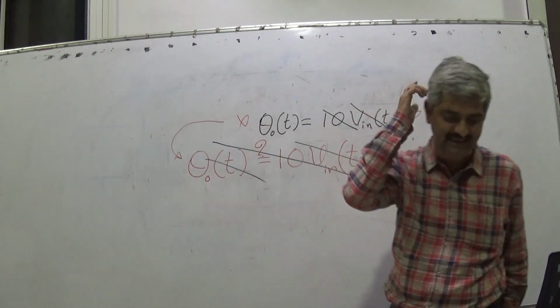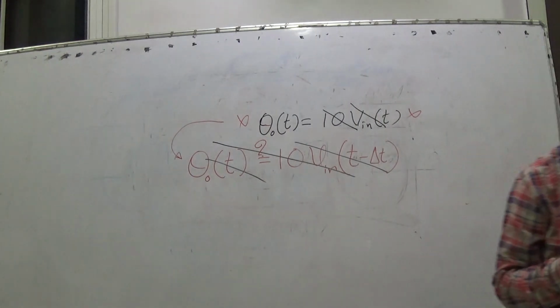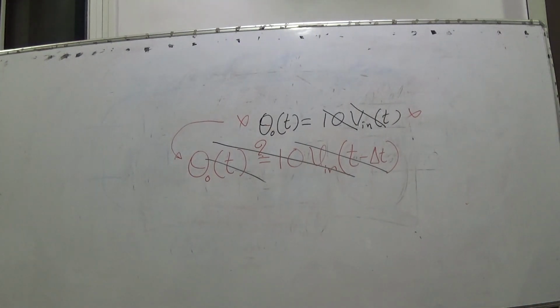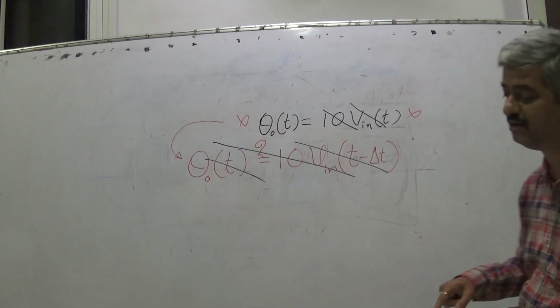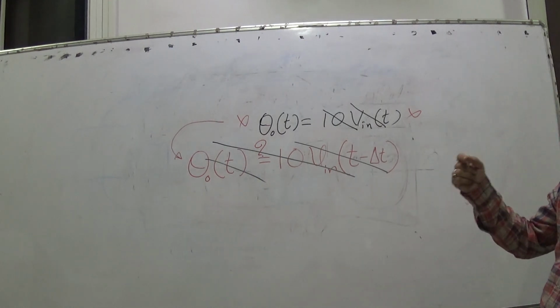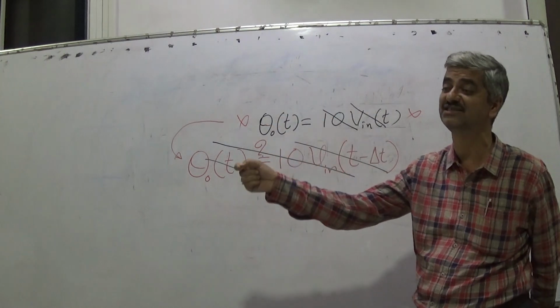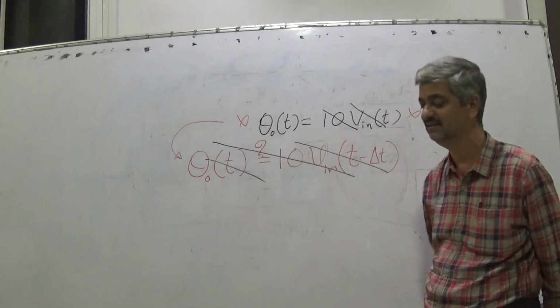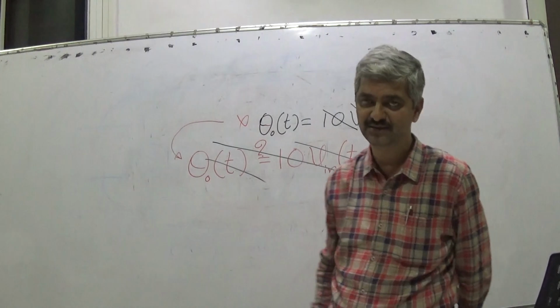In an instantaneous relationship, the output depends on the input at that instant, and in a delayed relationship, the output at a given instant depends on the input at some previous single instant. That is also not possible.